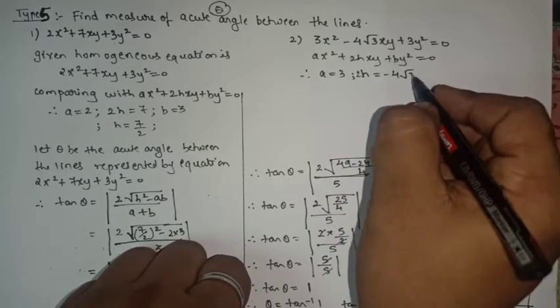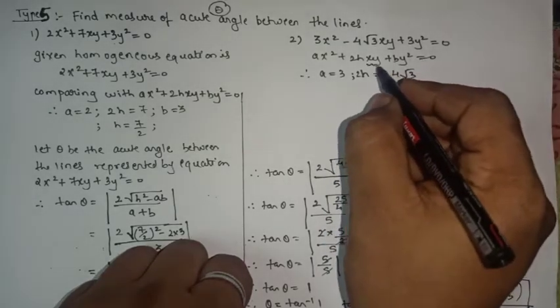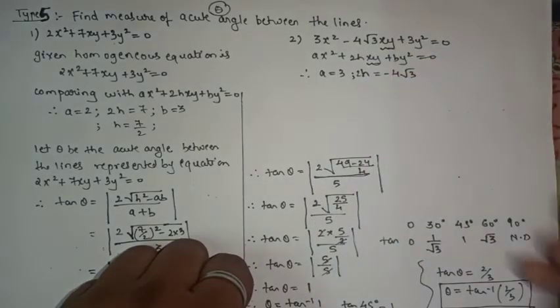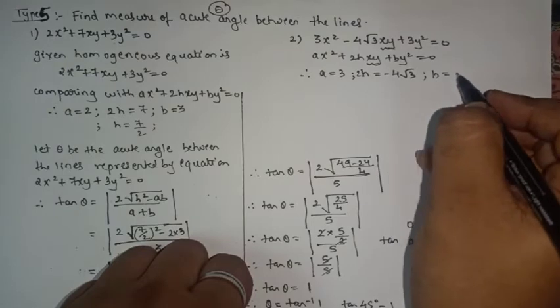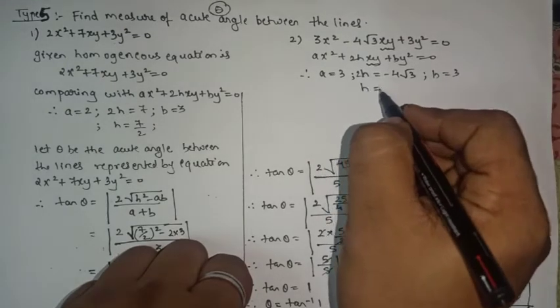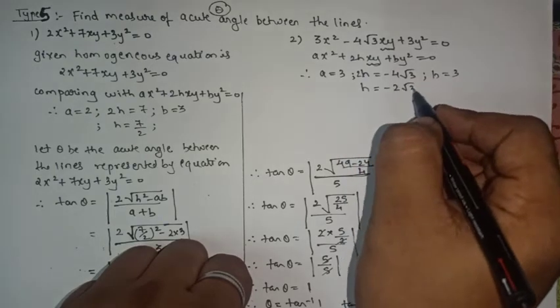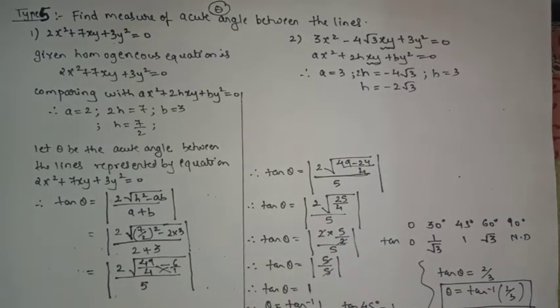Minus 4 root 3, as the coefficient of xy is 2h and here it is minus 4 root 3, and b will be 3. So the value of h will be, 2 will go down, so minus 2 root 3. Yes or no?